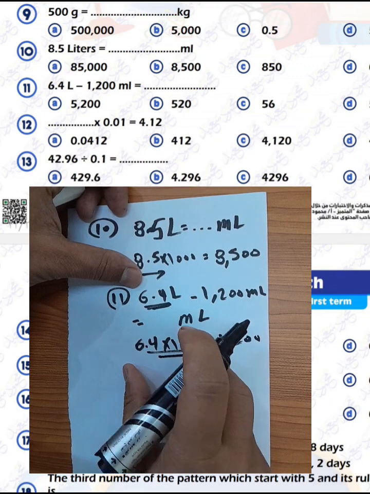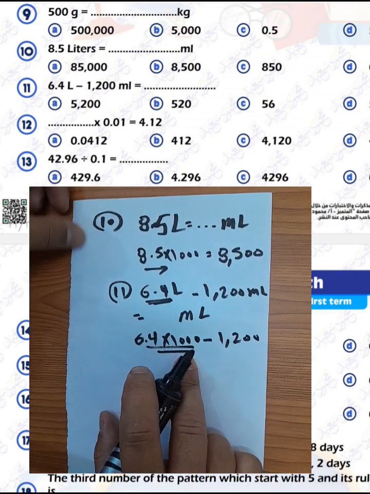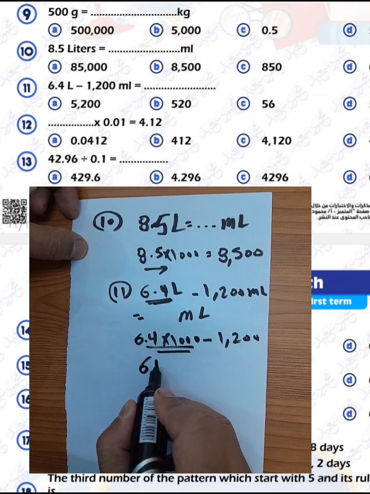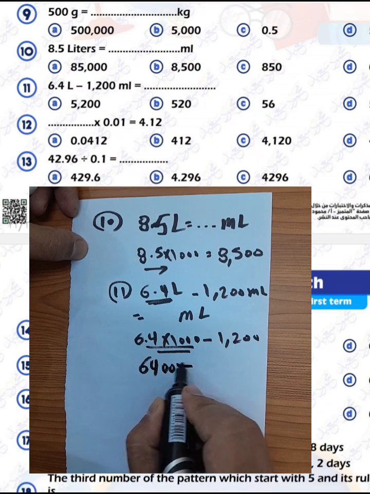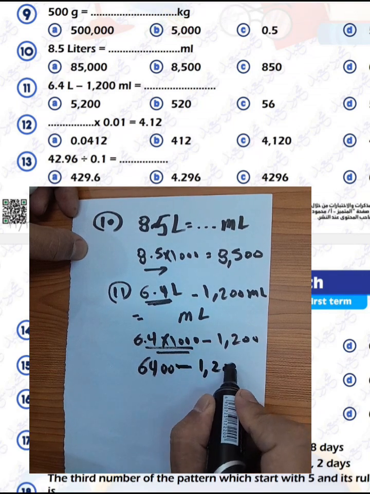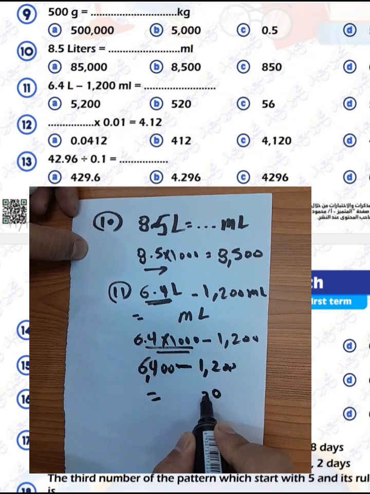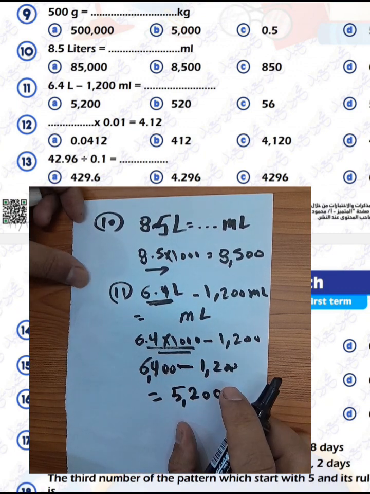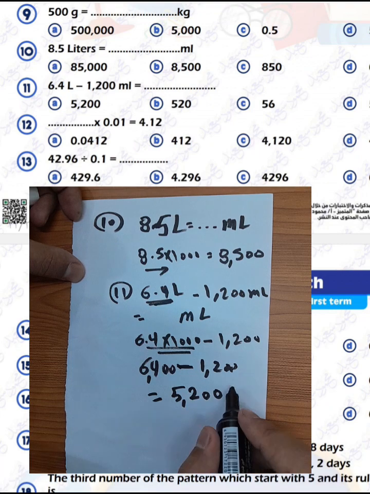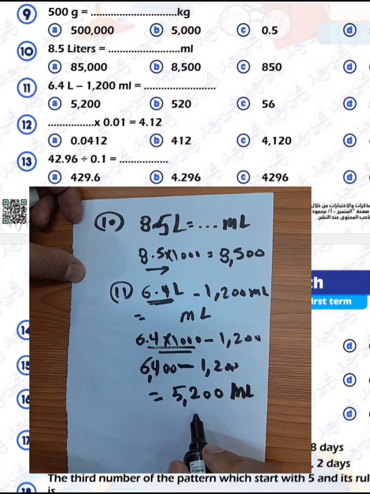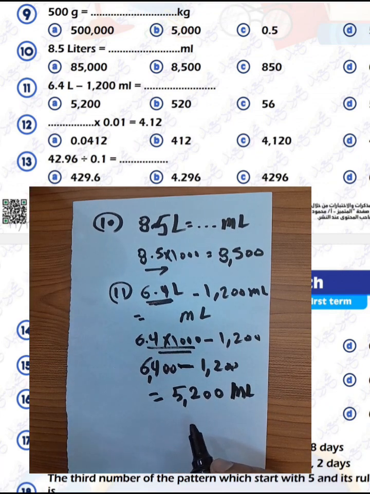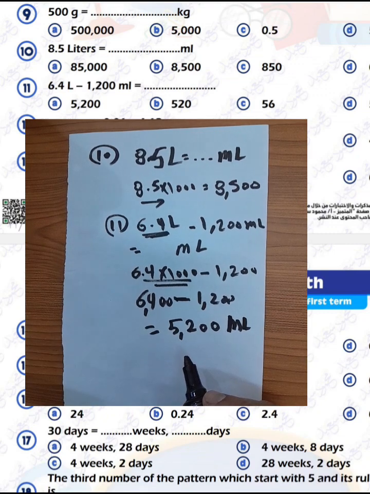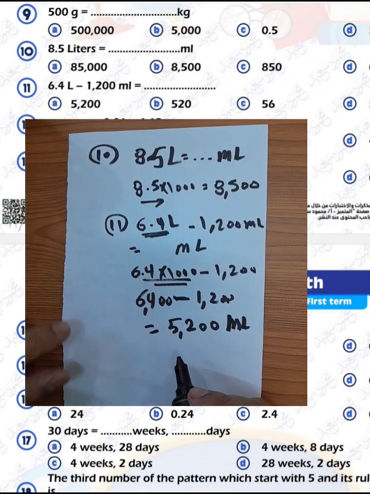To find the result here, multiply by 1000, move the point right-hand side by 3 places, right? 6, 4 and double 0. Okay, subtract 1200. We can write double 0 and 6 here. 4 minus 2 equals 2, 6 minus 1 equals 5. It will be 5200 milliliter. Okay, then about question 11, you must choose letter A.